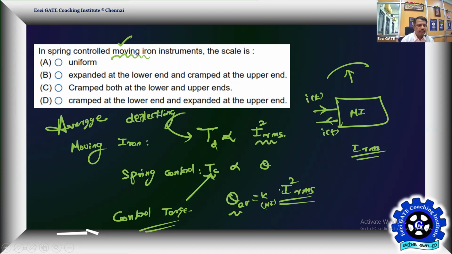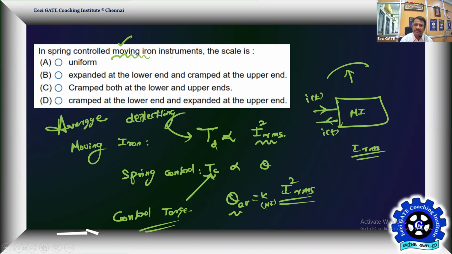So how do we conclude? What is exactly the problem with the moving iron instrument? The given problem is about the moving iron instrument with respect to the scale.